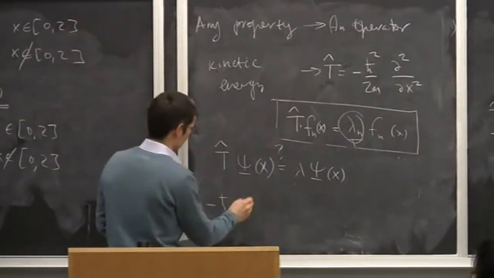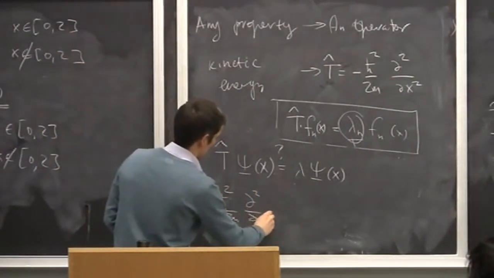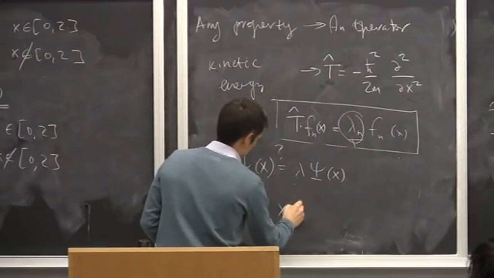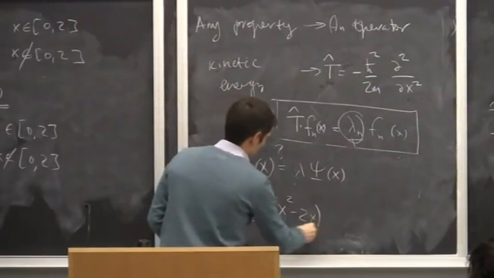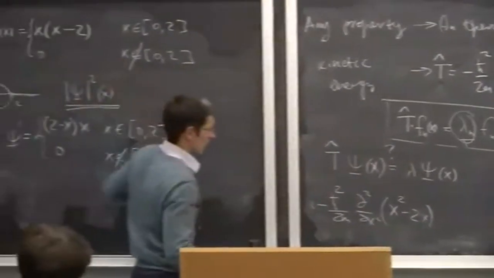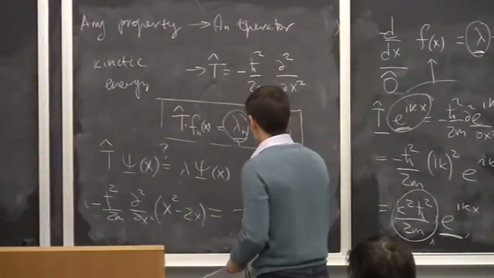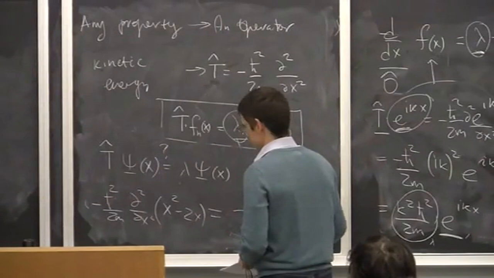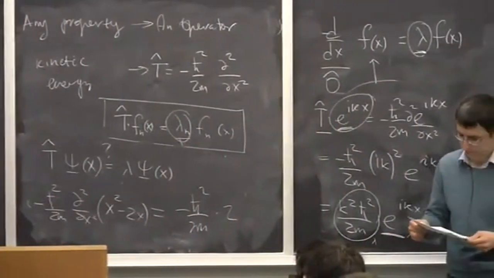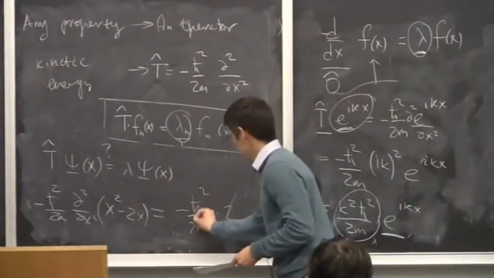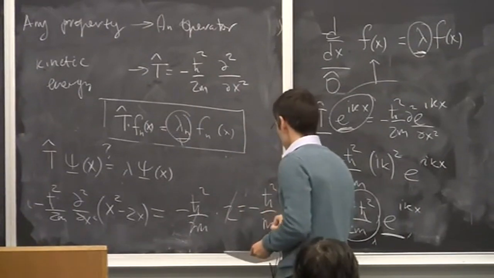So if we act with T, minus h bar squared over 2m times d squared dx squared, on x squared minus 2x, that's what will happen if you open the brackets. The result will be minus h bar squared divided by 2m multiplied by 2, so the 2 cancels the 2, and the final result is h bar squared divided by m.